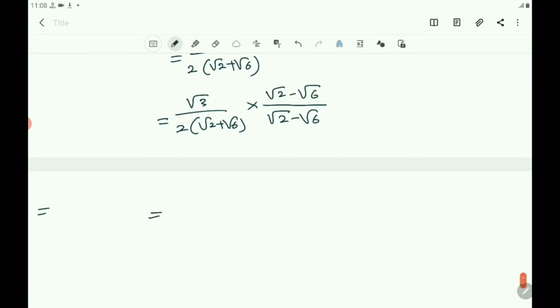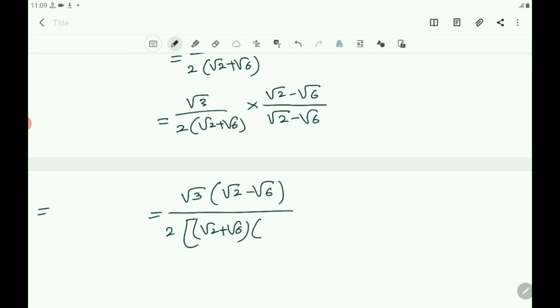That equals, you write this as it is, root 3 as it is, and multiply it by root 2 minus root 6, that divided by 2 into, you know that here root 2 plus root 6 is one factor and the other factor is root 2 minus root 6.